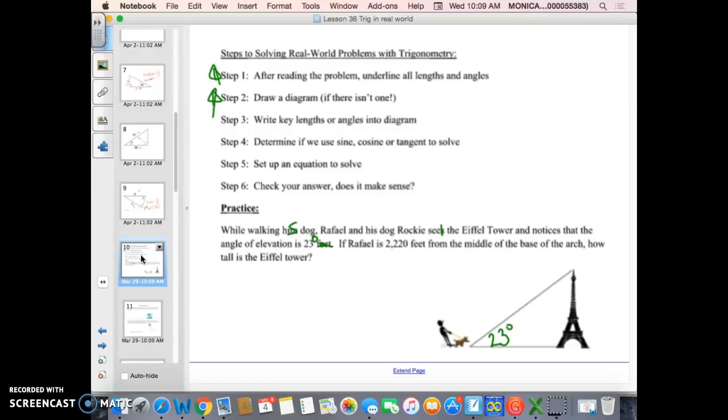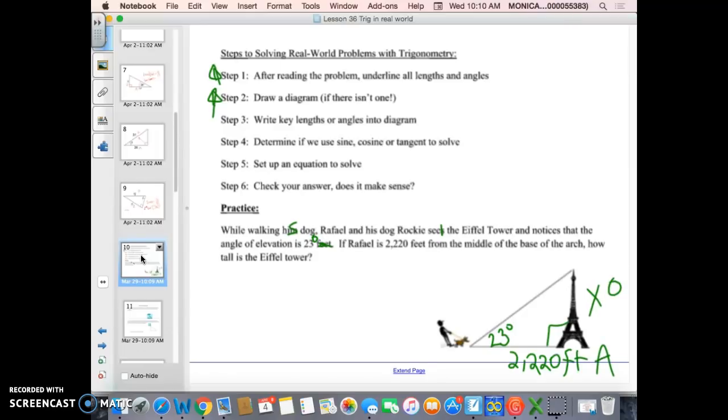Raphael is 2,220 feet from the middle of that arc. How tall is the Eiffel Tower? So we're looking for this side right here, that's x. And if you notice, the right angle is going to be right here. We don't know the hypotenuse, so we don't care about the hypotenuse. What we need is opposite and adjacent.